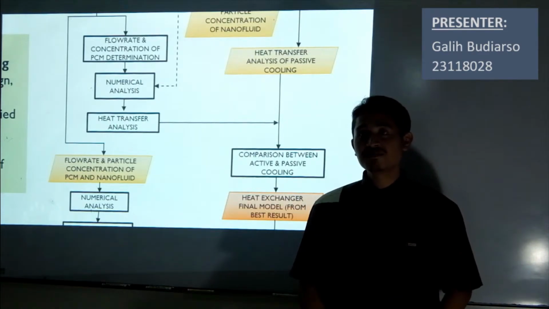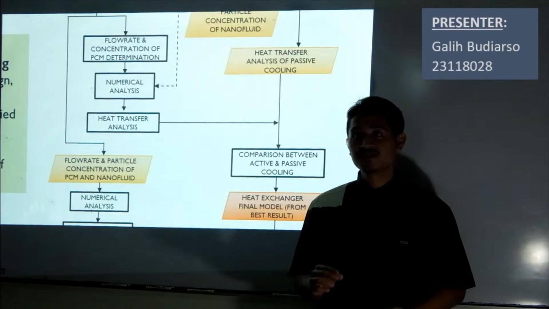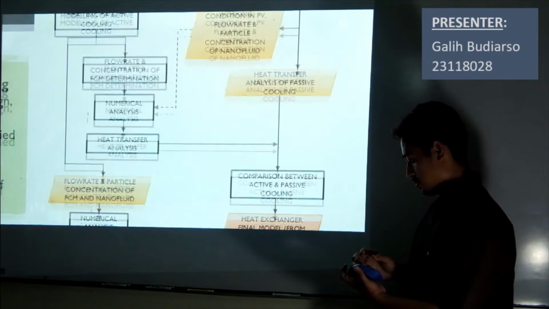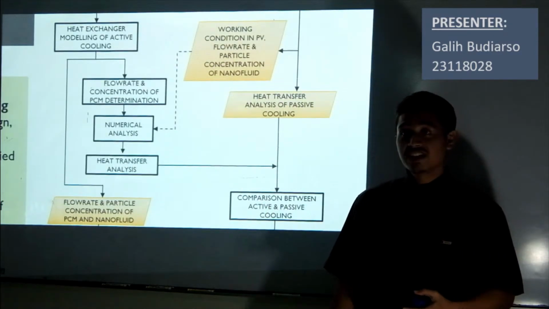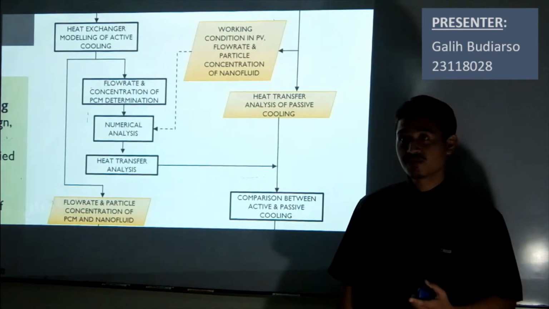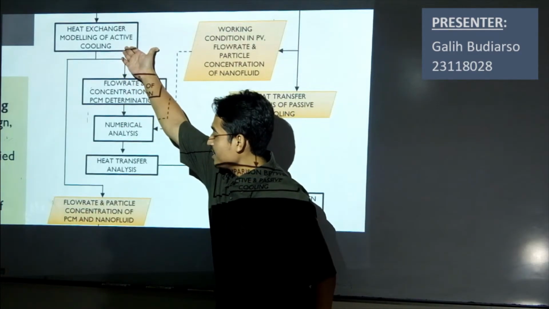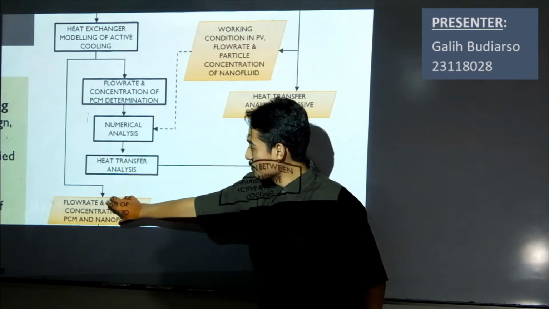The active cooling system model designed in the study will also be analyzed numerically with various working conditions. Input data is made in the form of flow rate variation and particle concentration of the PCM and nanofluid. So we have a model in here, then we input the data from this box.